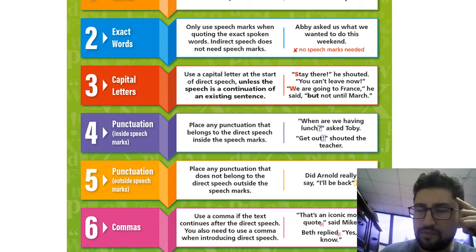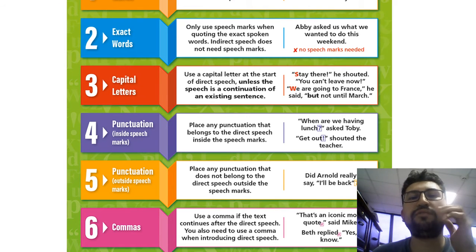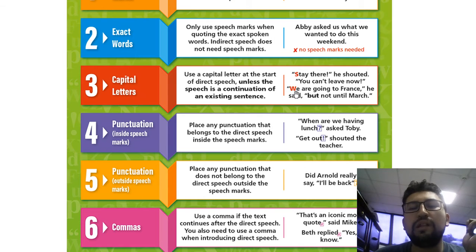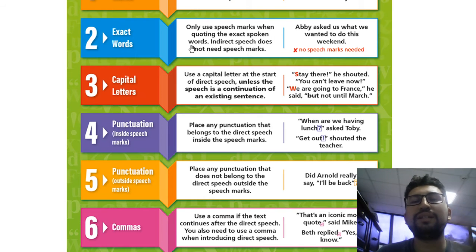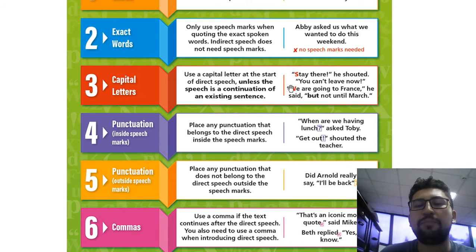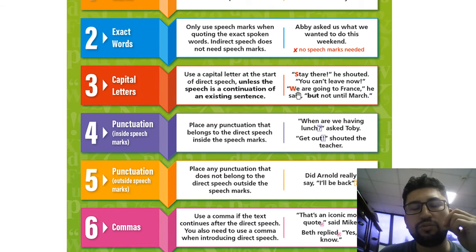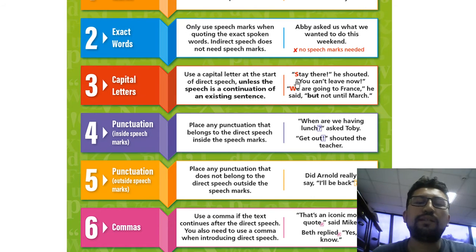So you have to understand this difference very well. The third thing is capital letters. Whenever you're starting a sentence, you have to use capital letters so you don't get confused with the message that was quoted directly.